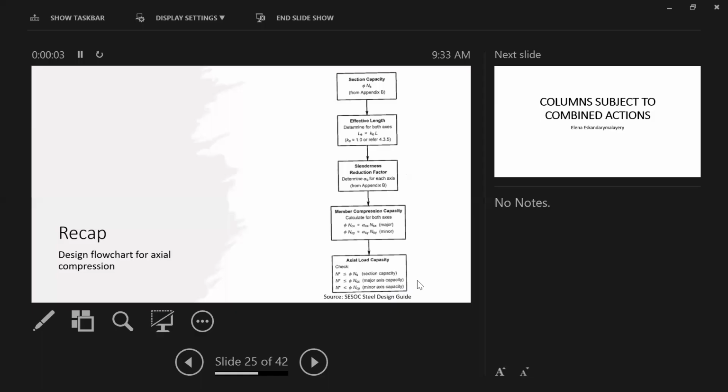Hi all. In this video, I'm going to talk about designing steel columns under combined actions. It means we have both compression and bending moment in the column, which is a real case.